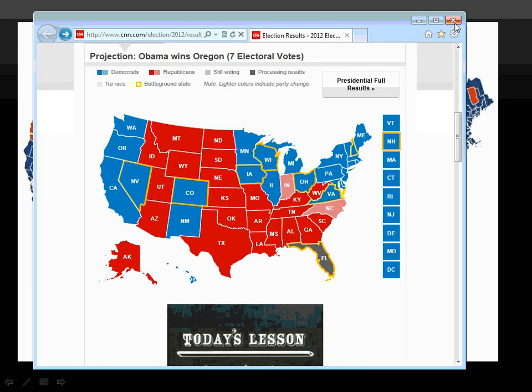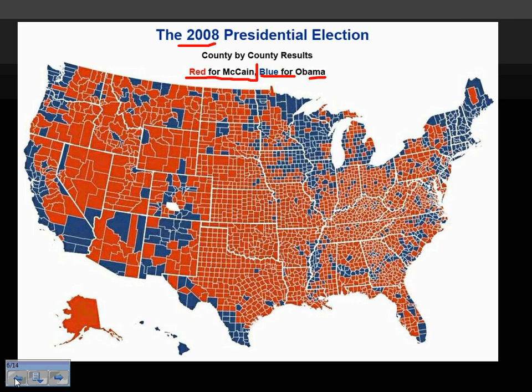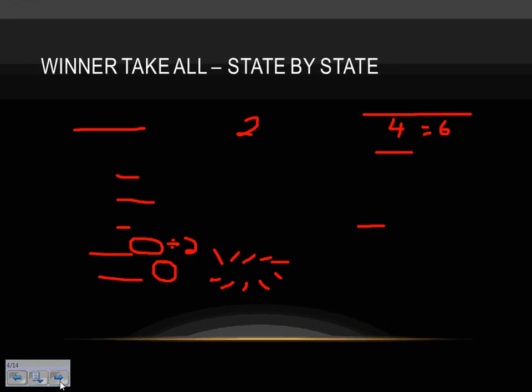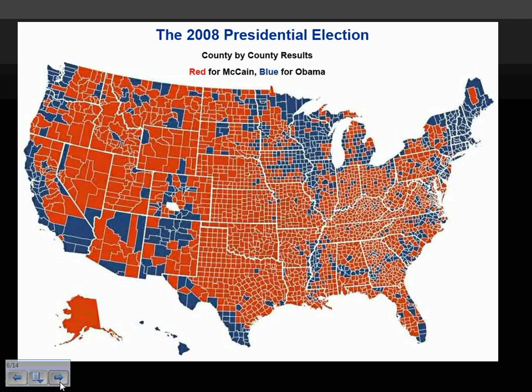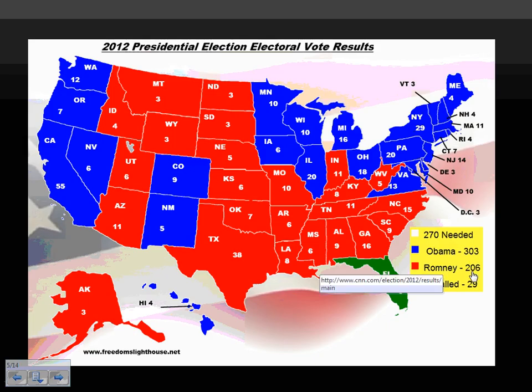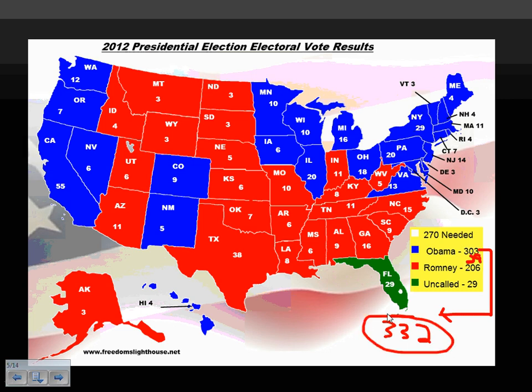Obama. So if that's the case, if you go back to the winner-take-all system and you look at the 303 to 206 and you add, predictably I suppose, 29 to Obama, then this total may end up being very close to 332. 332 to 206, with a popular difference of maybe about 3 million.